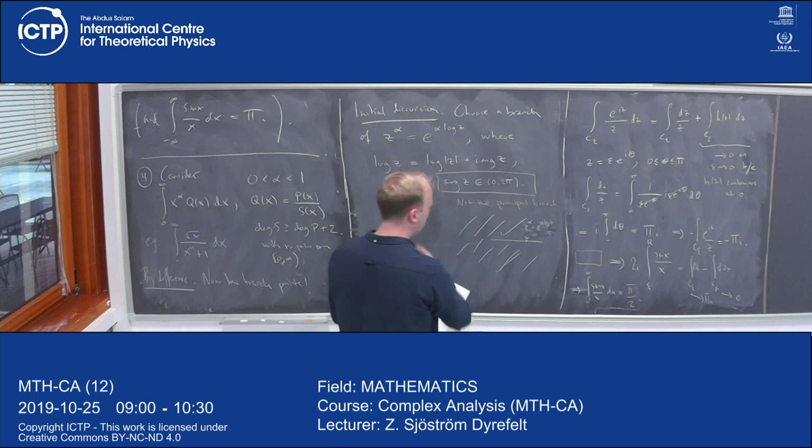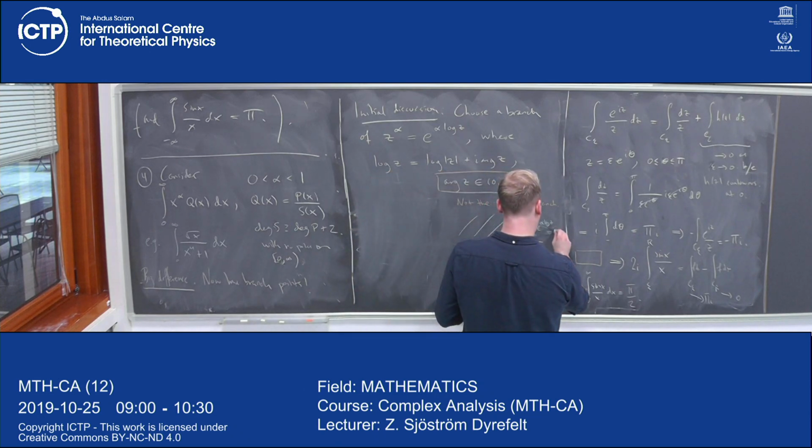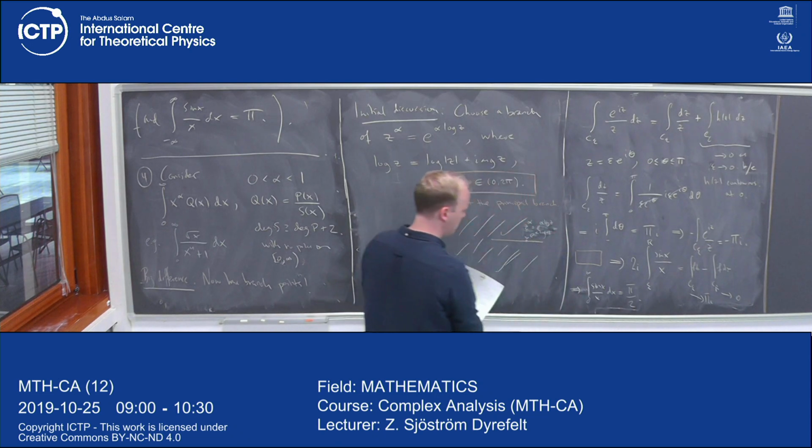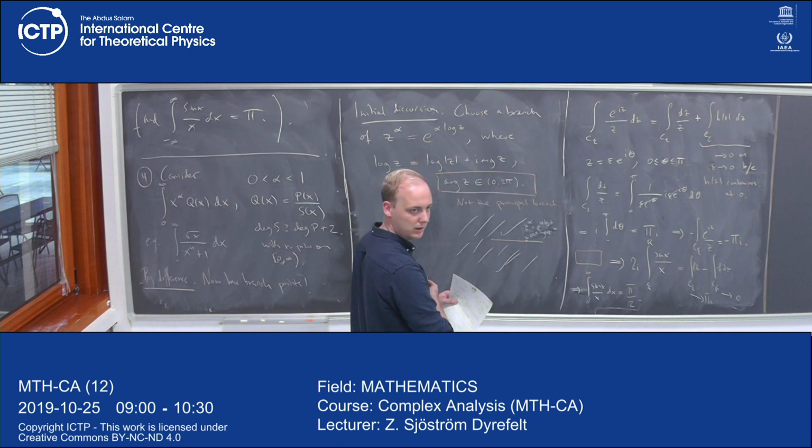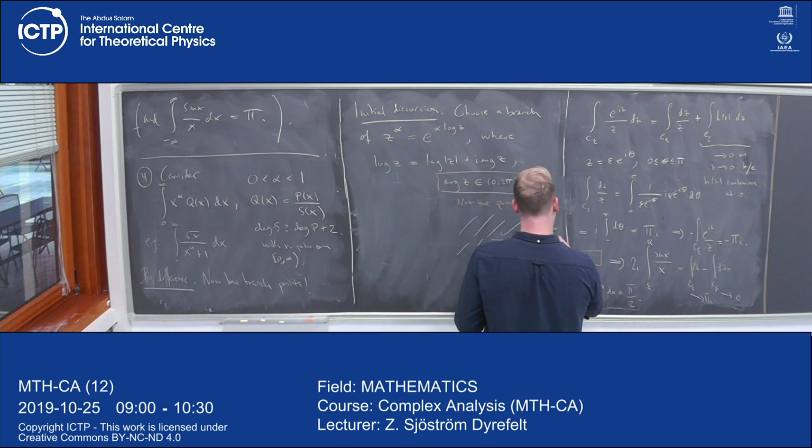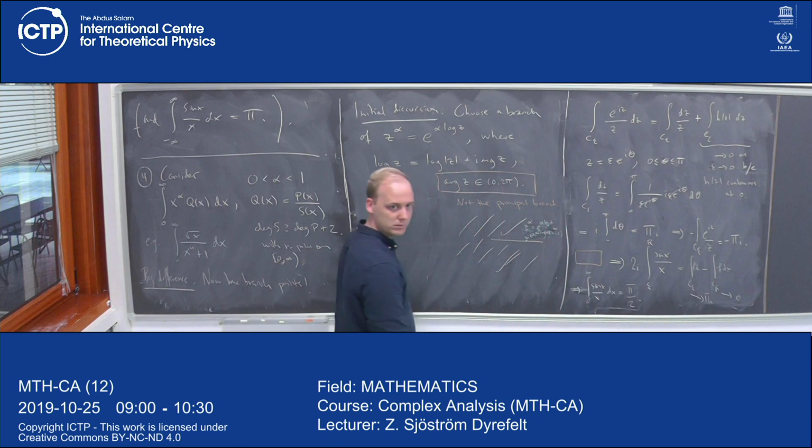And that's right. So this is what I wrote, e to the alpha log z. But this is equal to e to the alpha times log of the modulus of z, plus i epsilon, something very small.